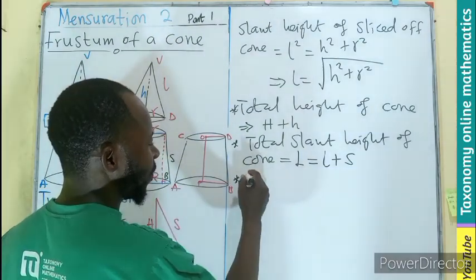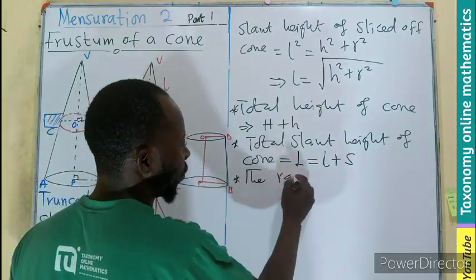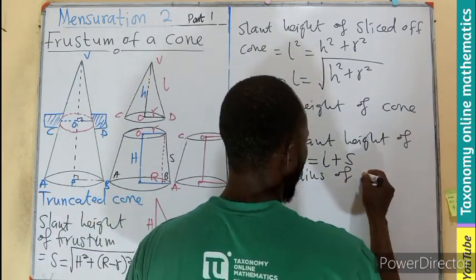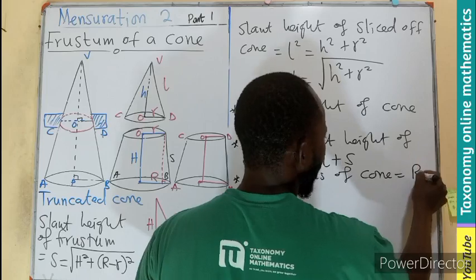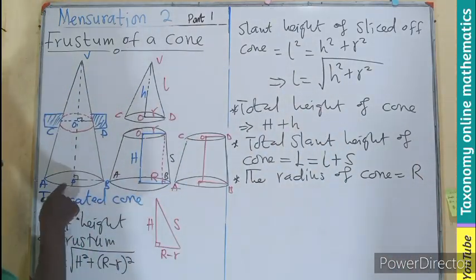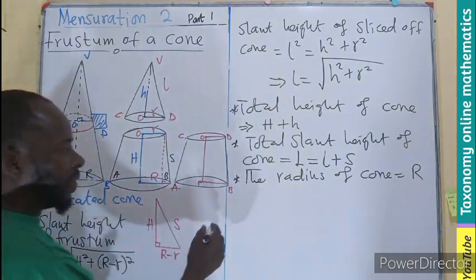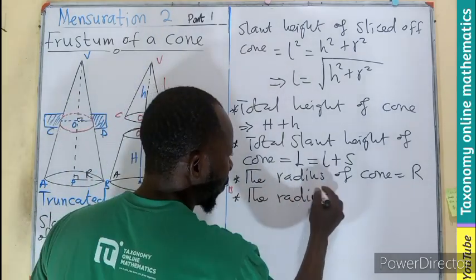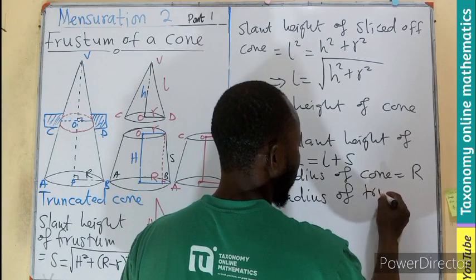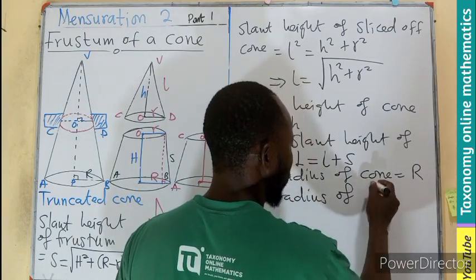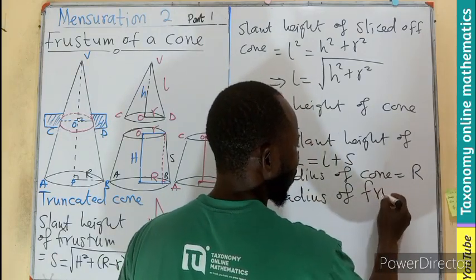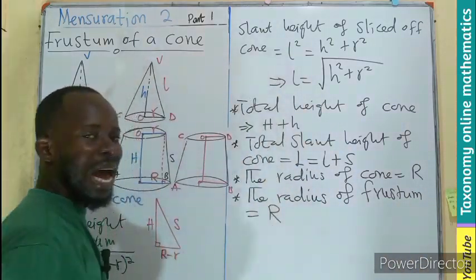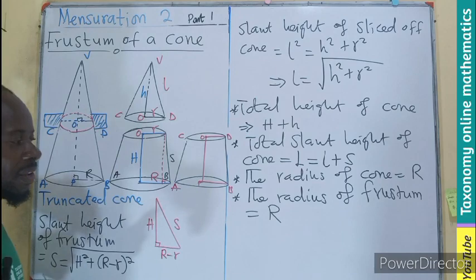What again can we note from here? We can also note that the radius of the cone is going to be R. This is the radius of the cone, which is the same as the radius of the frustum. The frustum will also give us R. Don't forget, this R is there.